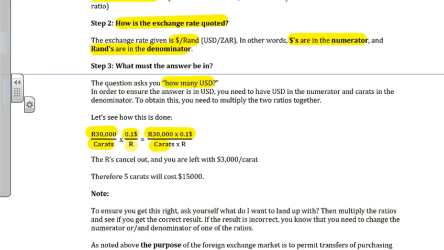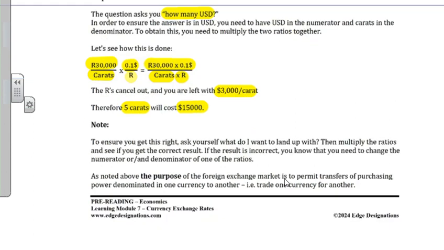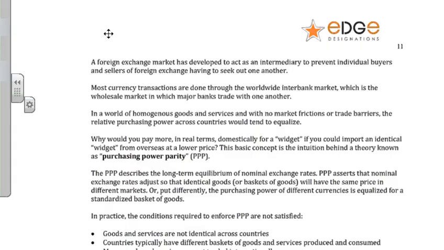We notice that the rands cancel out, and we are left with $3,000 per carat. Remember, of course, we wanted 5 carats. And that'll be $15,000. Everybody comfortable? I'm not going to spend too much more time over there.